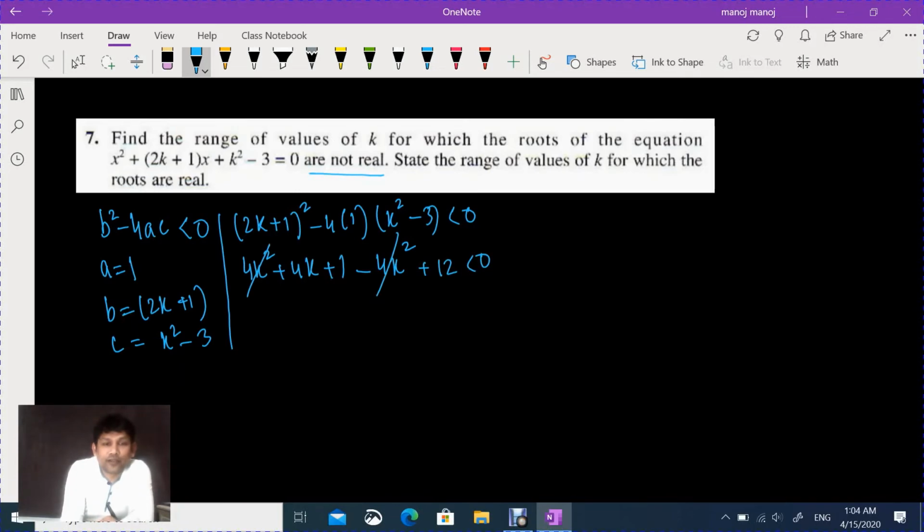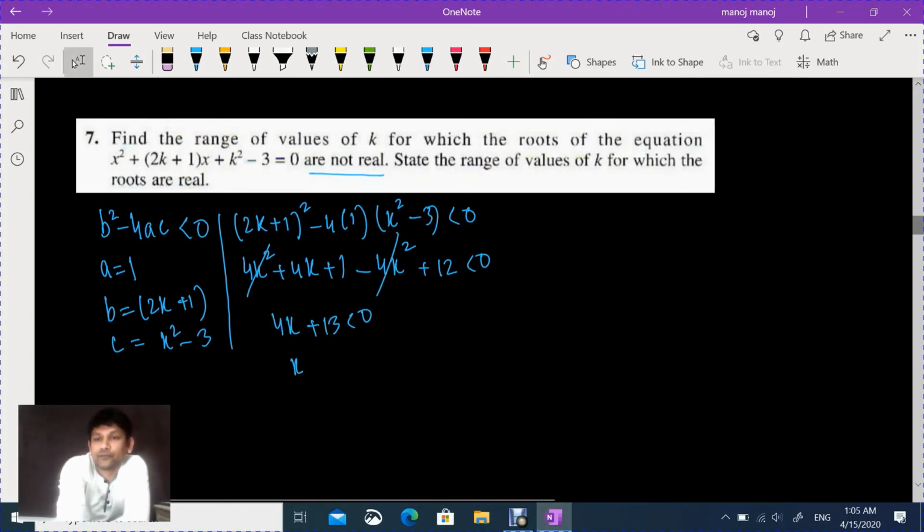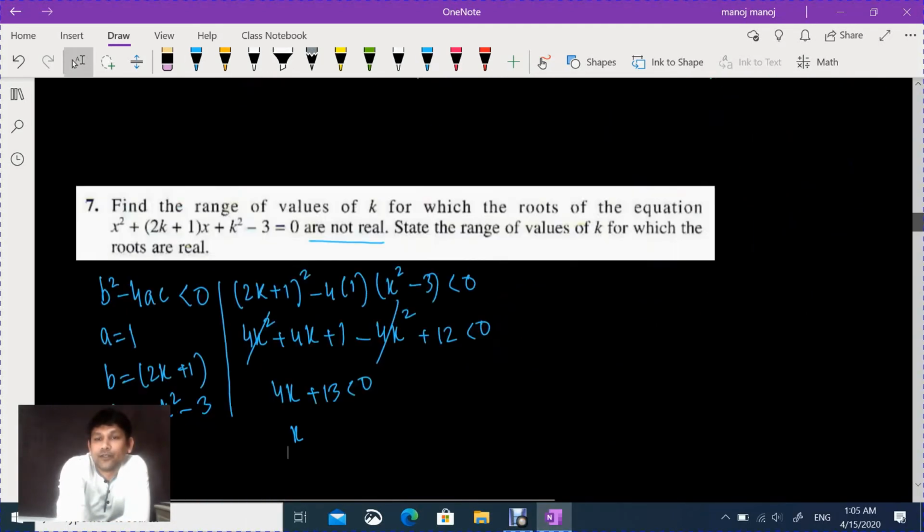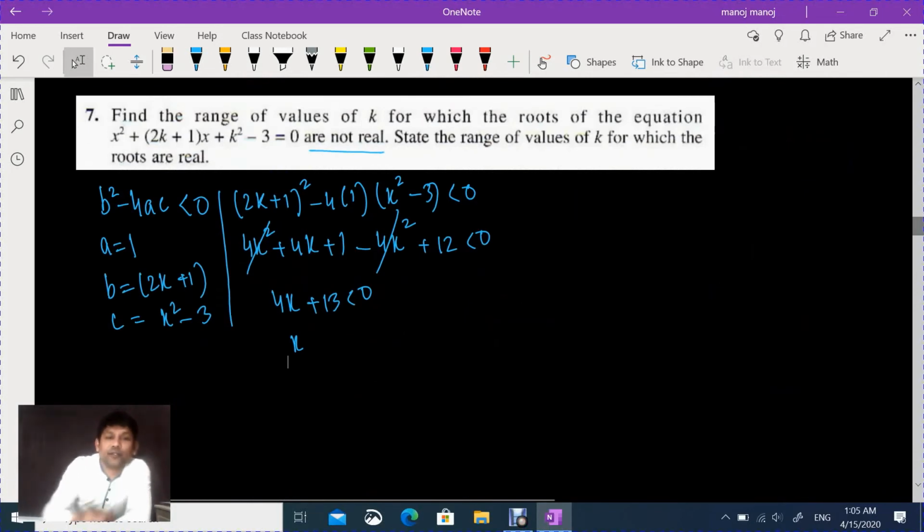The 4k square cancels. This is the same question, like plus 13. Do we have the same as the one I wrote earlier? Okay, it is 13, so 13 upon 4.